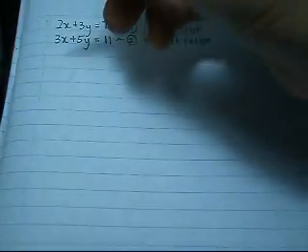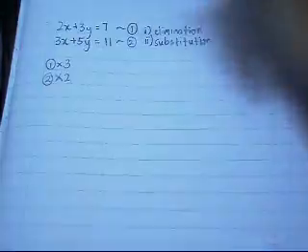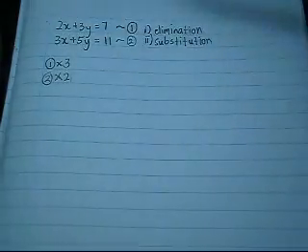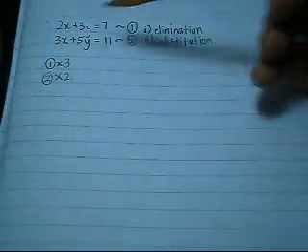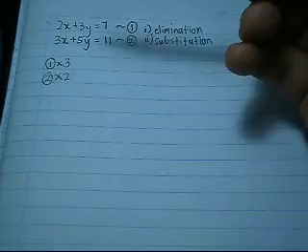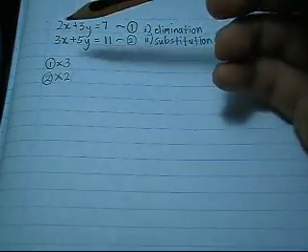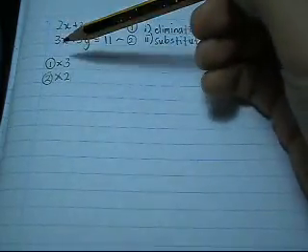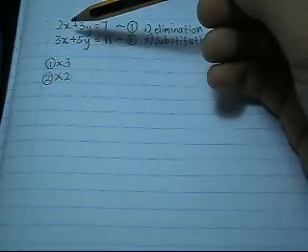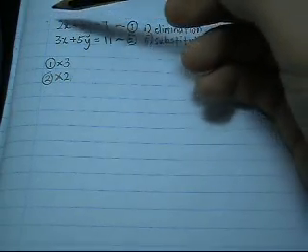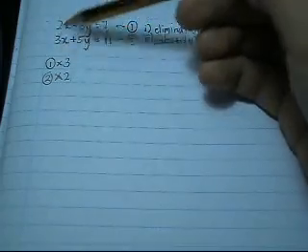For equation 1, we multiply it by 3, and for equation 2, we multiply it by 2. Why do we multiply the first equation by 3? Because we need to eliminate the x value, so in order to make both of them the same, we multiply by each other.